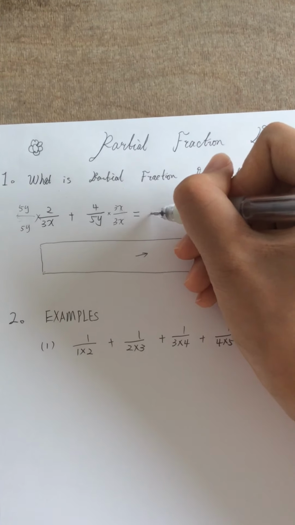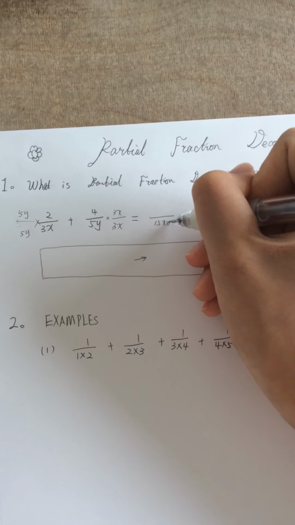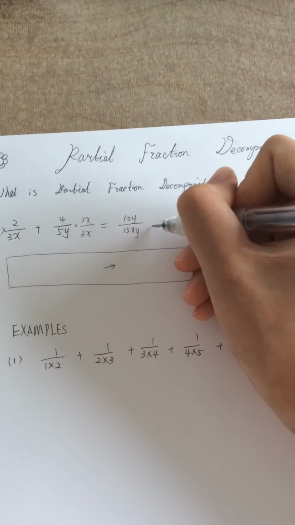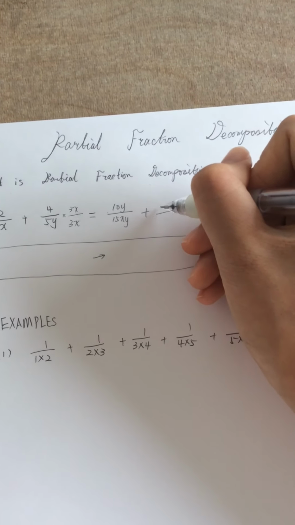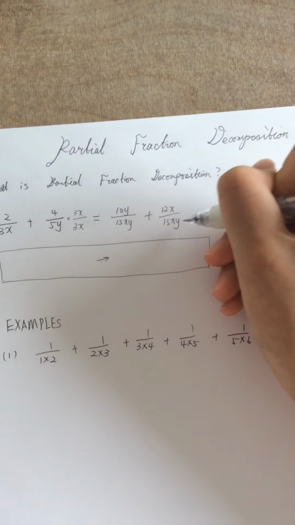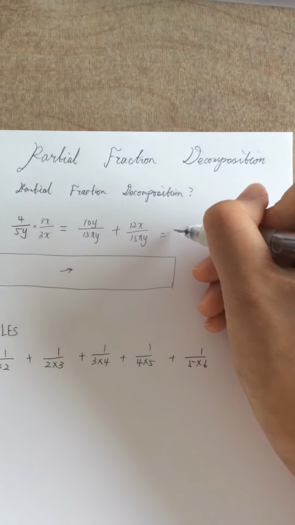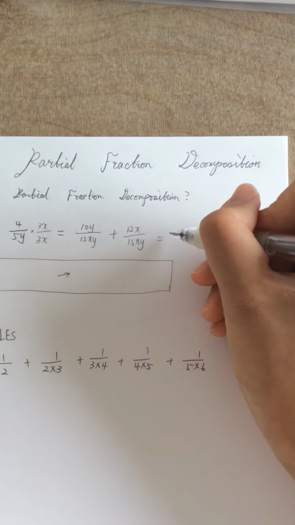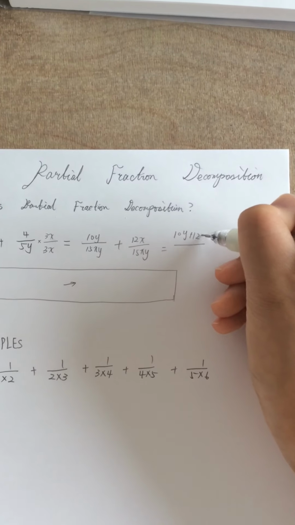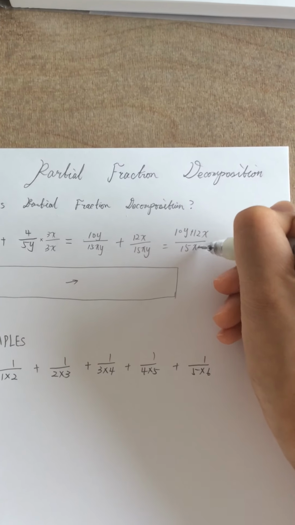So we get 10y divided by 15xy plus 12x divided by 15xy. And then we get 10y plus 12x divided by 15xy.